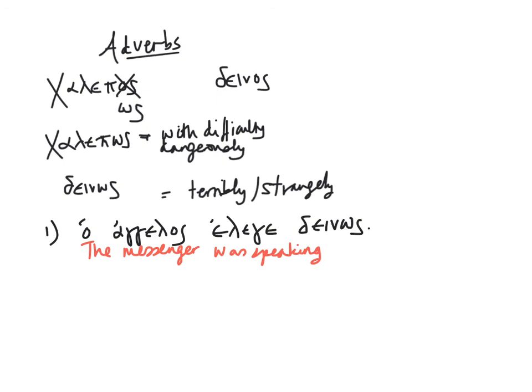If you weren't sure about that, here is your augment, which is added to the verb in the imperfect tense. Leg is the stem of the verb, and that's what you'd find in the dictionary. And the final epsilon is the ending. Deinos, that means terribly. Of course, it could be strangely. The messenger was speaking strangely. Let's stick with terribly for now.